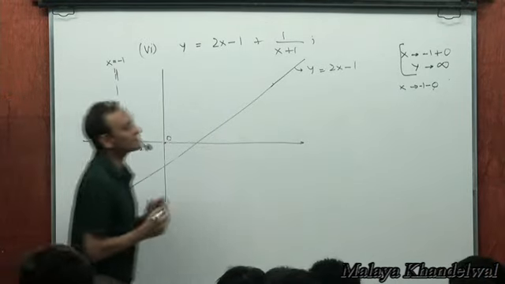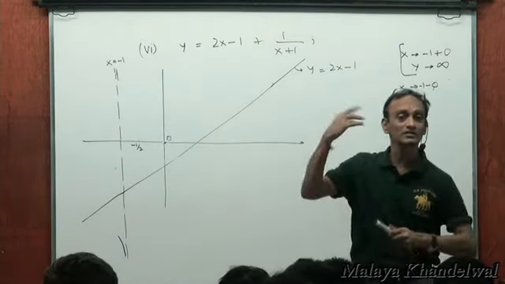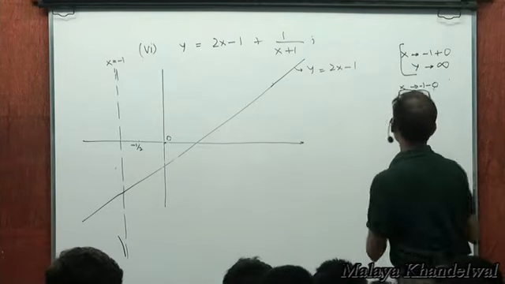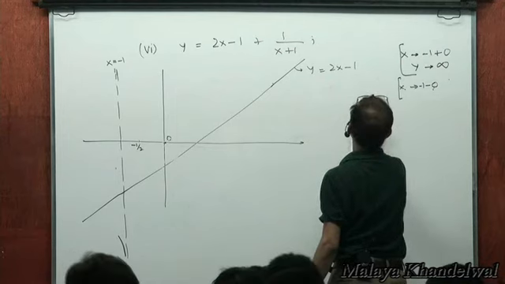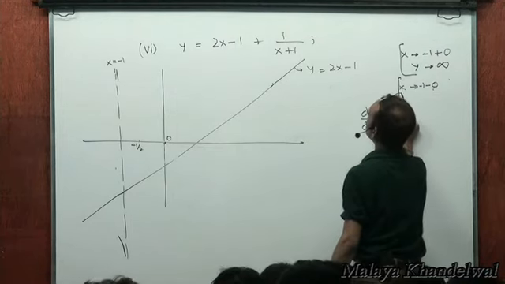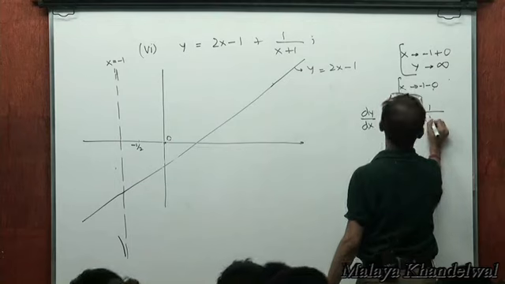Huh? Let's differentiate to just confirm our understanding. dy/dx is 2 minus 1 by (x plus 1) whole square.